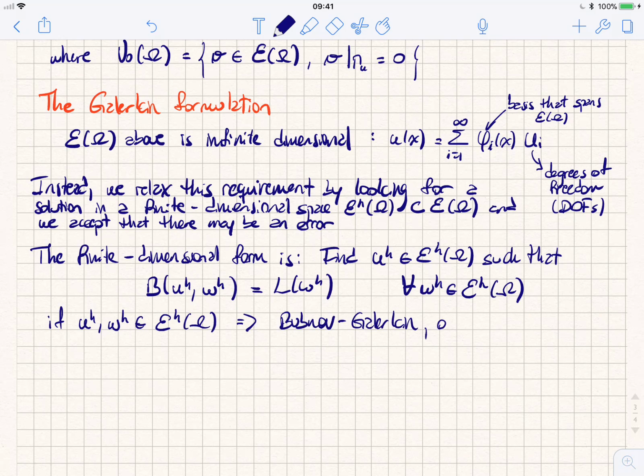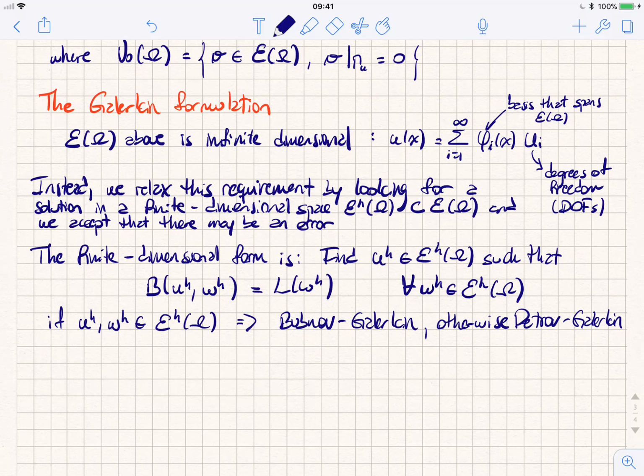Otherwise, it is called Petrov-Galerkin. Petrov-Galerkin formulations are not very common, except I've seen their use in fluid dynamics, right?